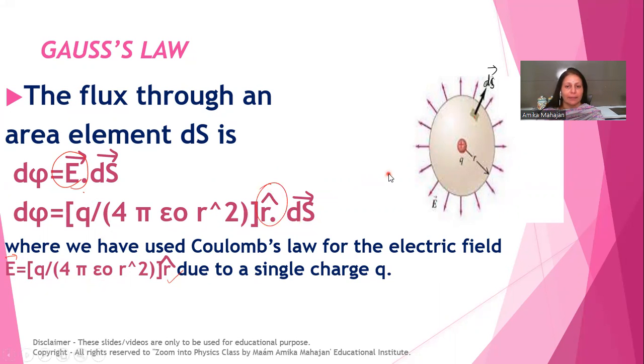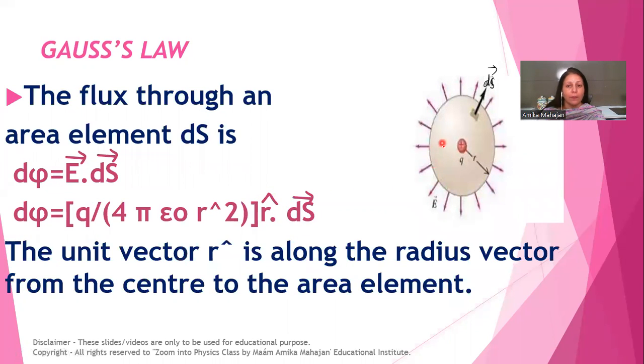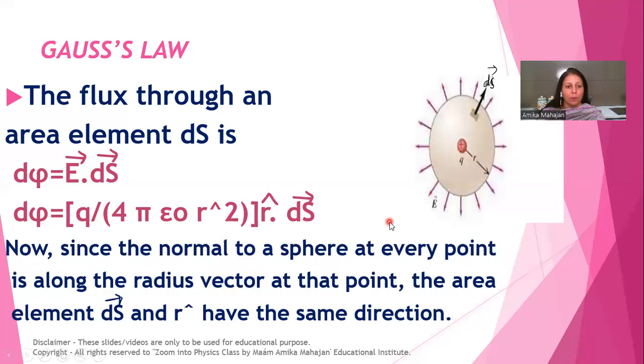It is the unit vector along radius vector from the center of this sphere where charge q is present to this area element ds. Now, main thing is that normal to sphere at every point is along the radius vector at that point.